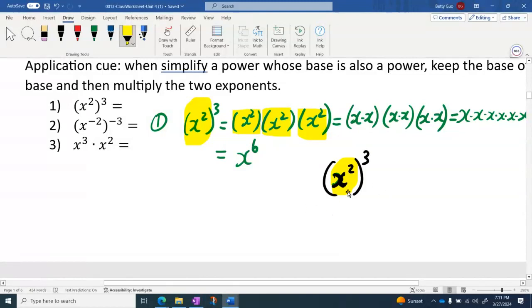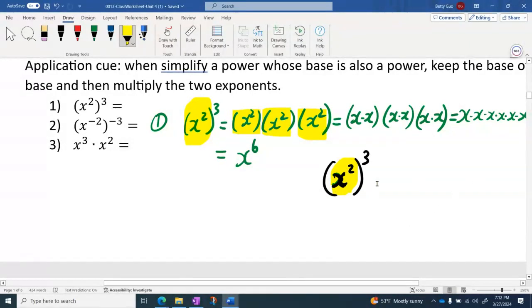We apply the power rule when we need to simplify an expression whose structure is an exponential expression whose base is also an exponential expression. But it's not easy to say the sentence, so just remember it's a kangaroo type of structure. The baby kangaroo is in the pouch of the bigger kangaroo, mommy kangaroo.